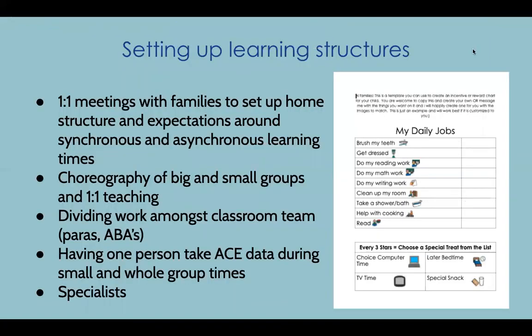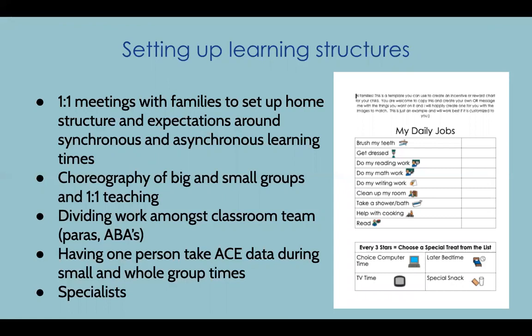So the most important thing about setting up these learning structures is that even before you start remote learning with your families and your children, you should set up one-on-one meetings with the families so that you can help them set up the home structure and expectations, help define what synchronous and asynchronous learning times mean for families and for children, and help them with the choreography of the both big and small groups in the one-on-one teaching.